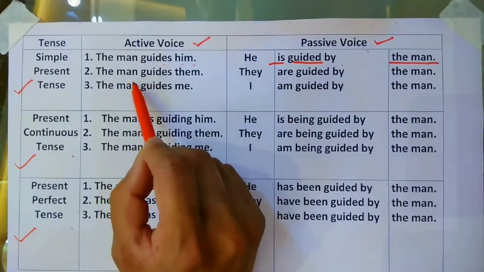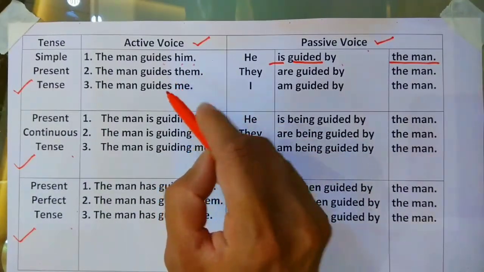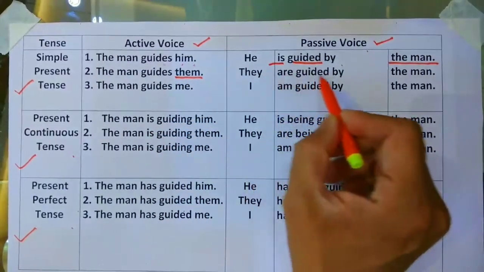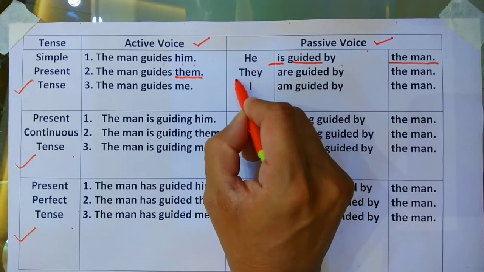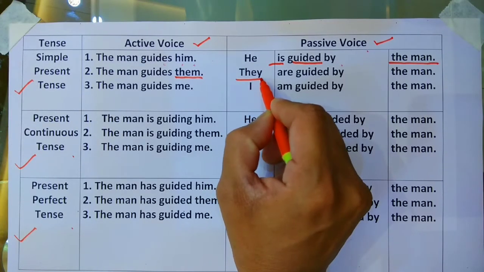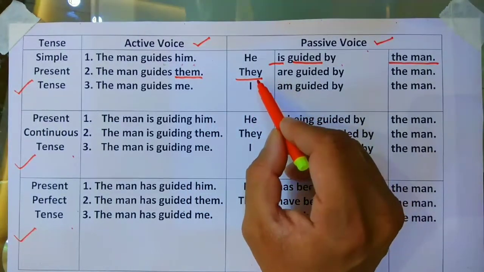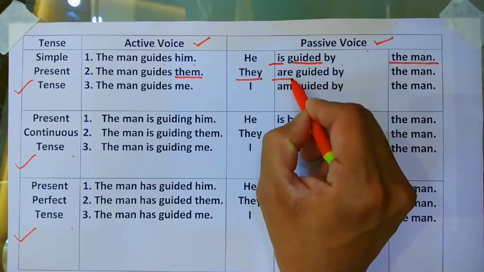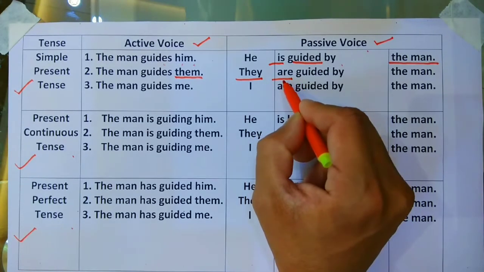I read the sentence, the man guides them. Now in this active voice sentence, the object is them, and therefore while converting into passive voice, we have to begin the sentence with the nominative case they of the pronoun them. As the pronoun they is plural, we have selected the plural helping verb are after the pronoun they.